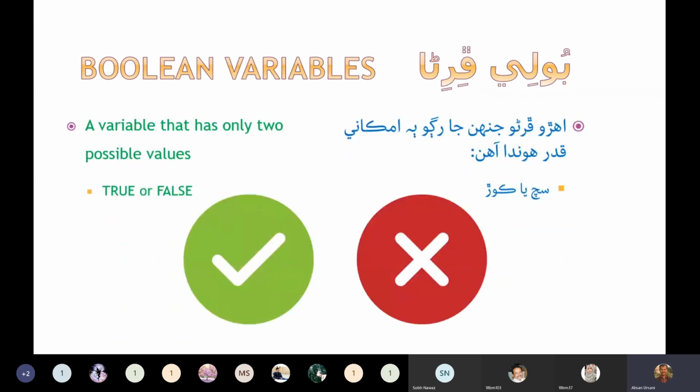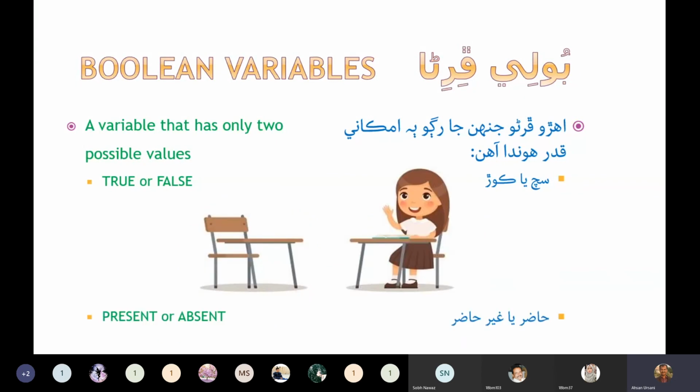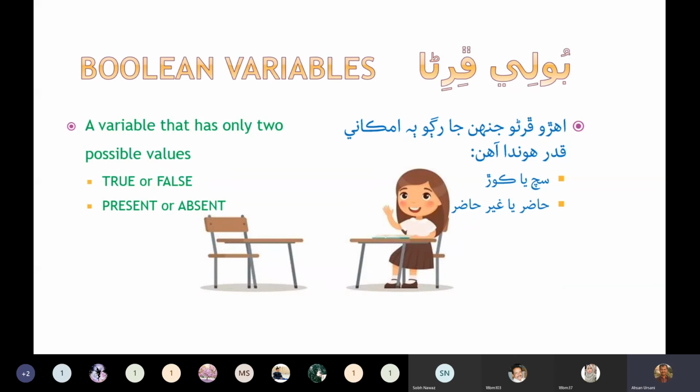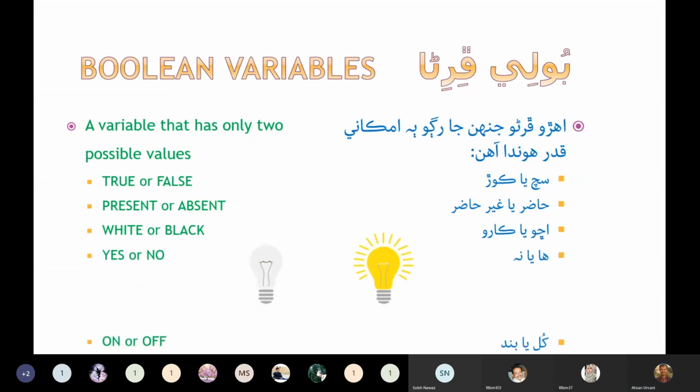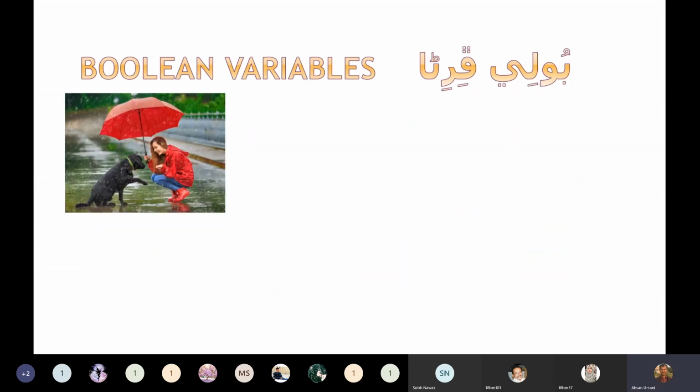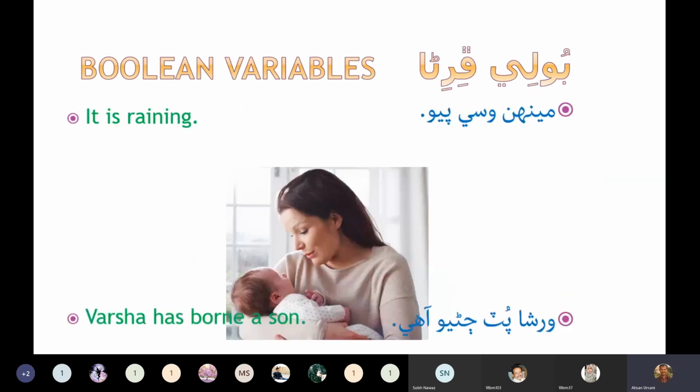A Boolean variable is one which can have only two truth values. One is true, the other is false, two possibilities which are opposite of each other.